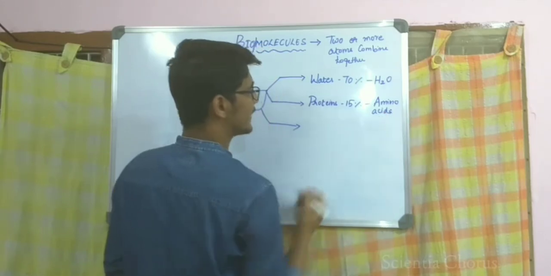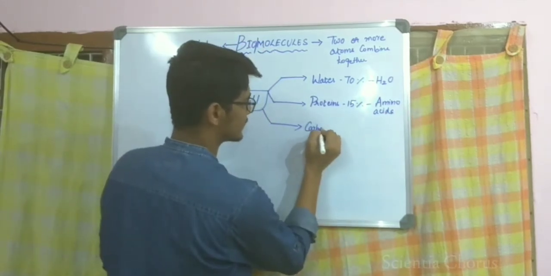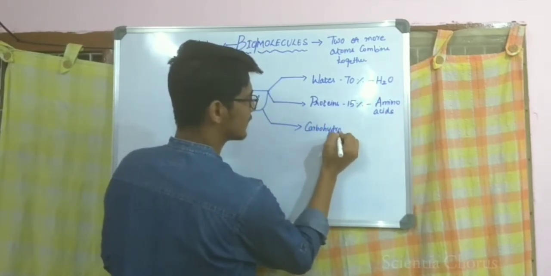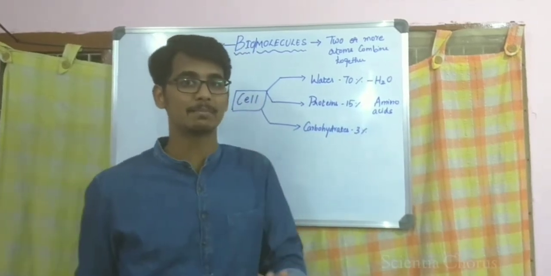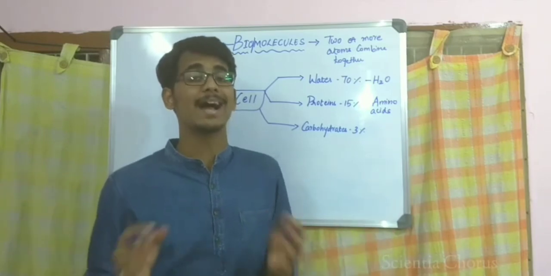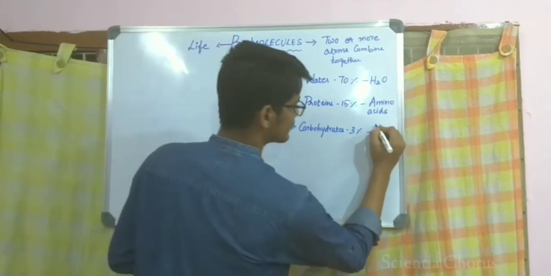And the next one will be carbohydrates, which will be around 3%. These are made up of long chain hydrocarbons.